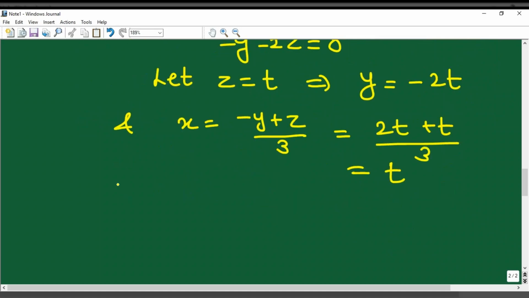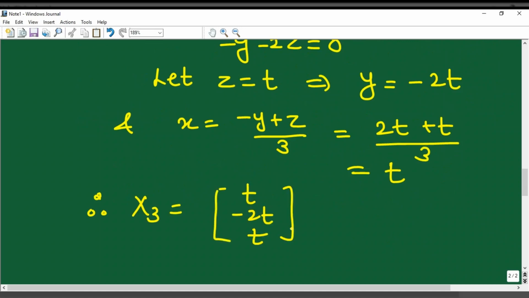Hence x3 will be (t, -2t, t), which can be written as t times (1, -2, 1), and this t will be any real number except 0.